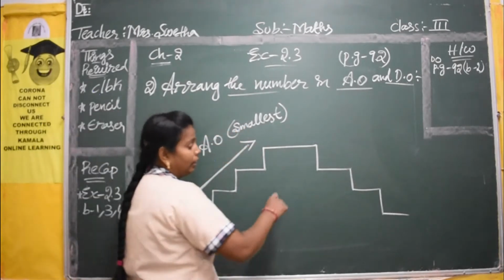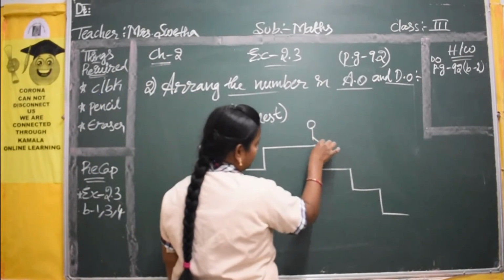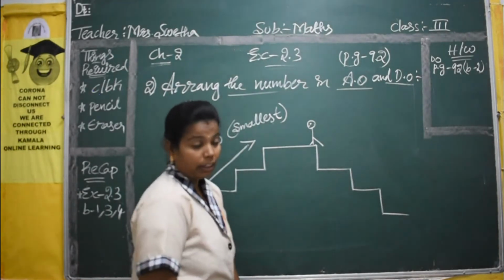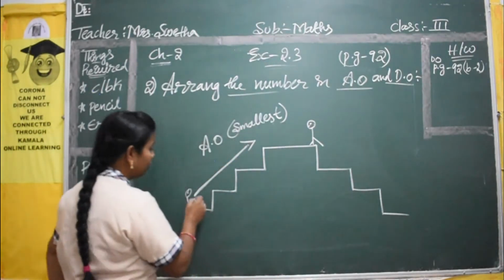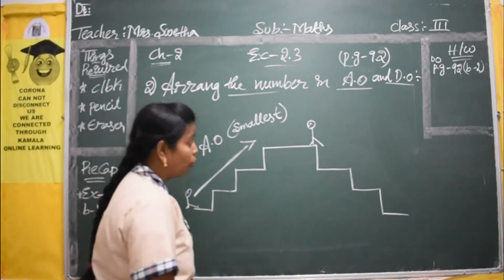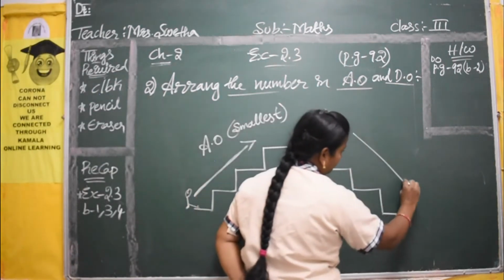And the next one is descending order. What is descending order? Now you got on the steps and went up. From there you will get down.